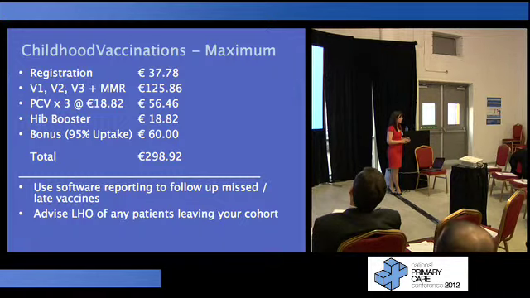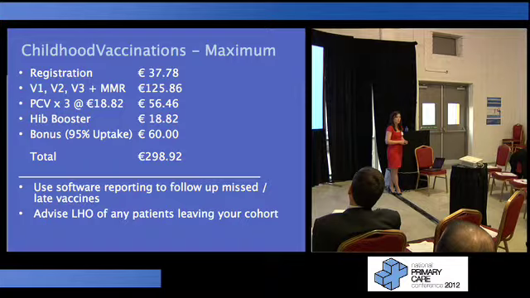But essentially, if you do follow through the full rigmarole of vaccinations and you manage to hit the 95% uptake from your cohort, then you'll qualify for the special bonus payment at the end of the year. And that can add up to a total of almost €300. So again, practice vaccinations are definitely worth claiming and worth claiming right.